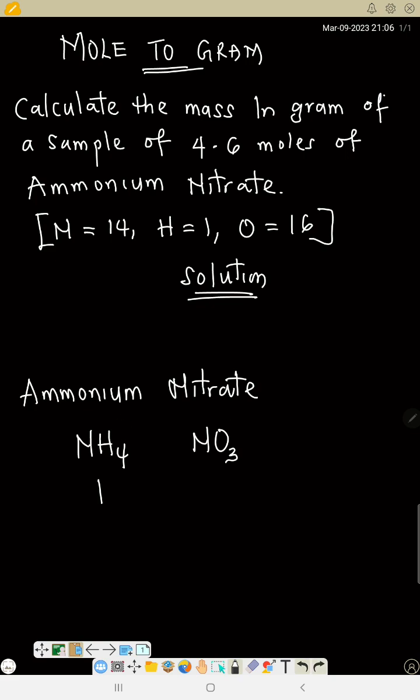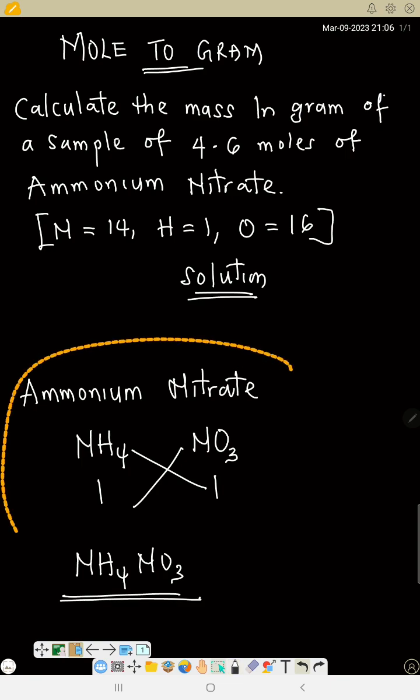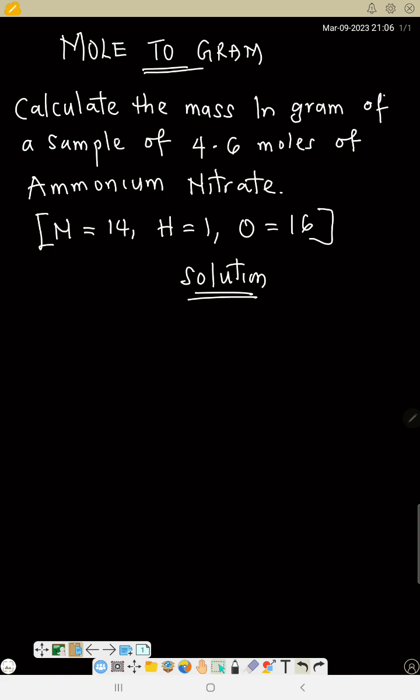Valency of nitrate is 1 because of that -1. Valency is always plus. So do your crisscross. So 1 is going to NH4, that will be NH4 and 1 is going to NO3. So this is ammonium nitrate.